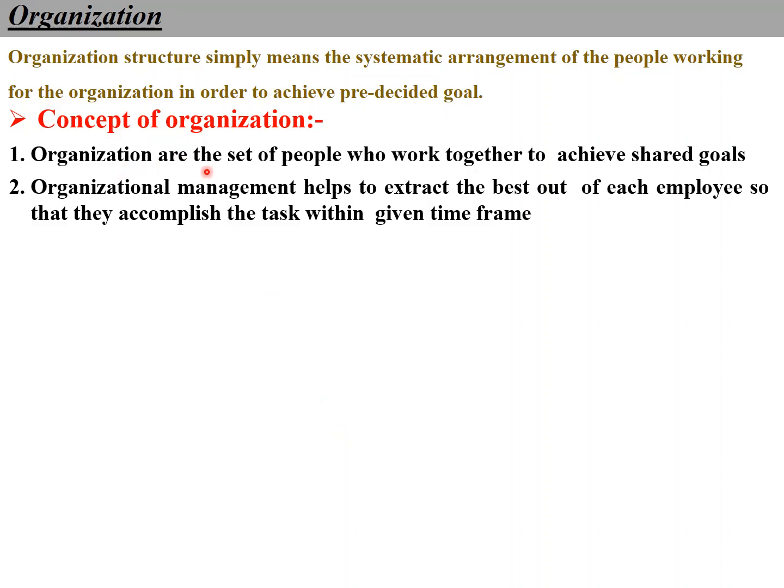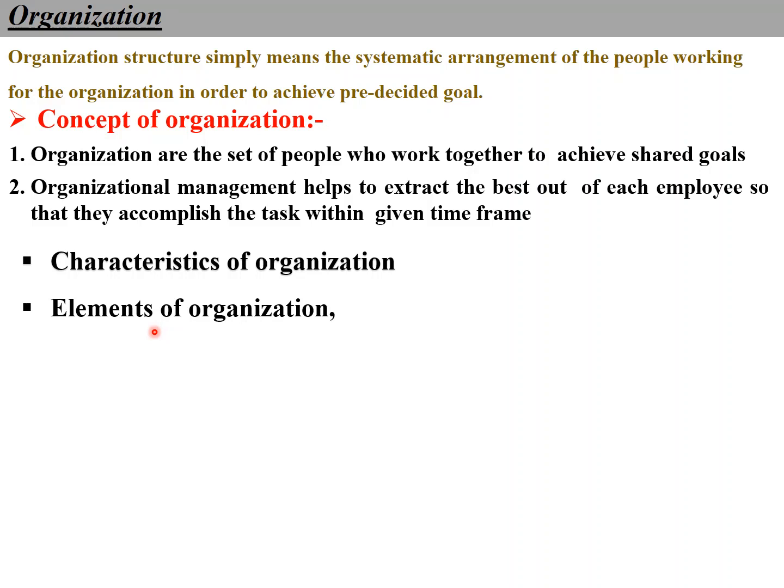An organization is a set of people who work together to achieve a shared goal, at their level, manager level, assistant manager level, superintendent level, or worker level. Organizational management helps to extract the best out of each employee so that they accomplish the task within the given time frame. What are the characteristics of organization?